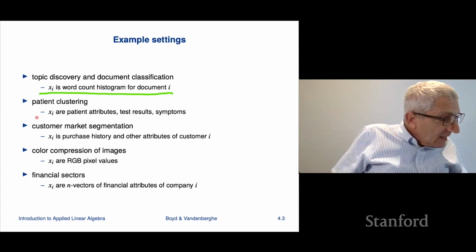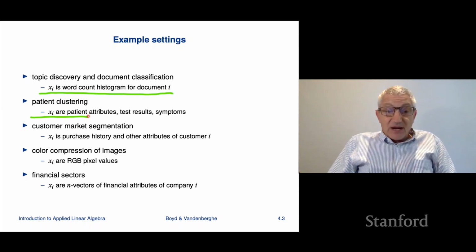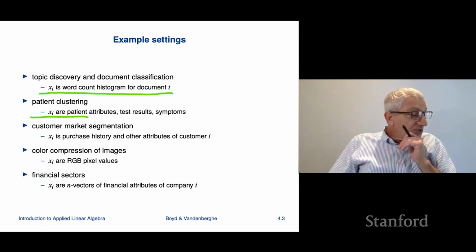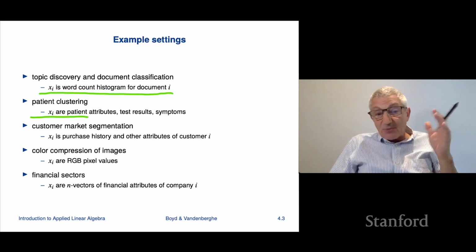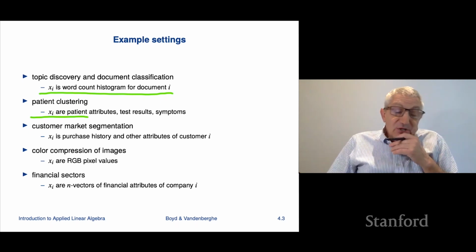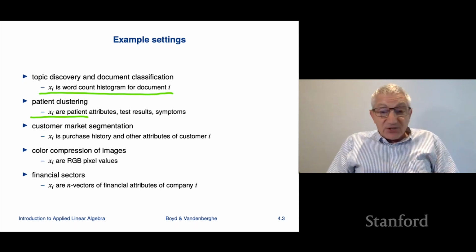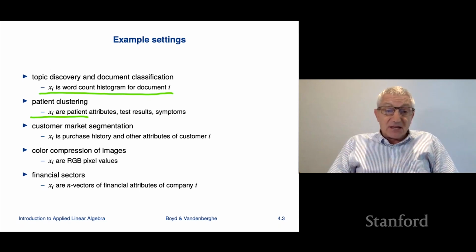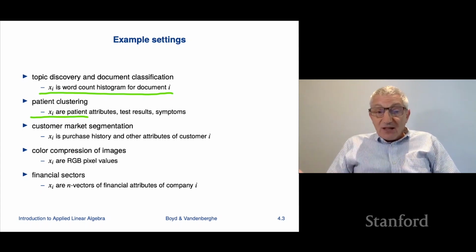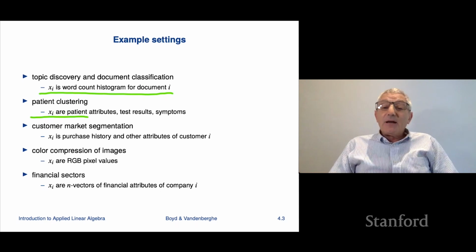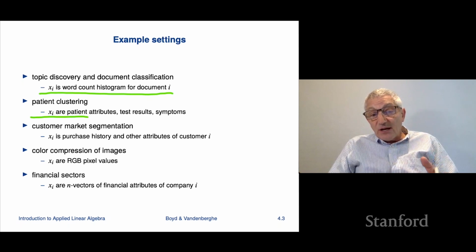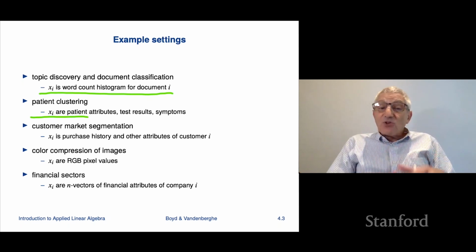Okay, here would be another potential area where you might do this. Let's do patient clustering. So let's have a large hospital or network of hospitals, and each vector is going to represent one patient. The entries are going to encode things like age, sex, weight, height, blood pressure, diastolic, systolic, whether or not they're currently experiencing chest pain. The vector could also have entries that encode not just symptoms, but also the results of tests.